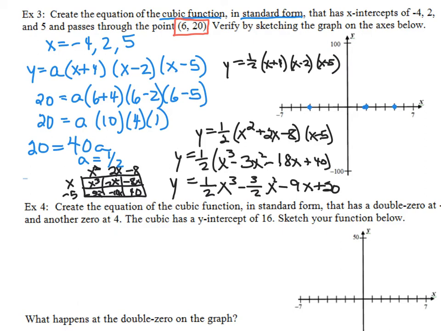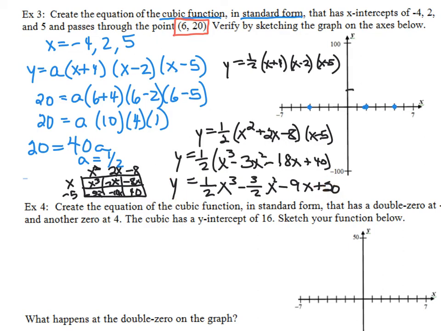If we know that our information has us crossing the x-axis at -4, 2, and 5, the other thing that I can take a look at is this constant term. If x is equal to 0, then that's telling me that the y-intercept has to be equal to 20.